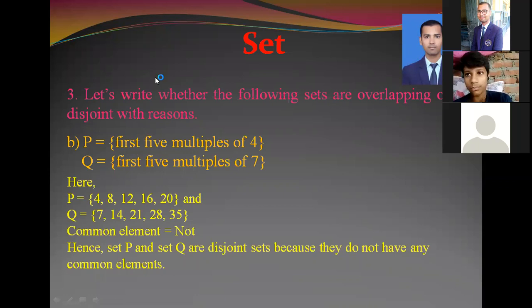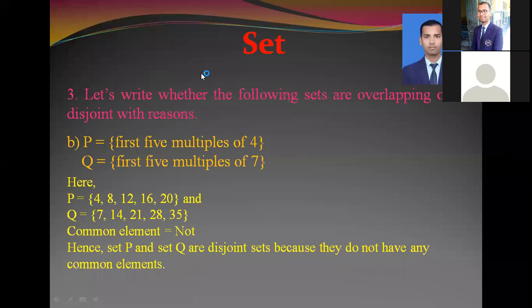P, the first 5 multiples of 4, are 4, 8, 12, 16 and 20, whereas the first 5 multiples of 7 are 7, 14, 21, 28, 35, where no elements are the same among sets P and Q. That's why there are no common elements.